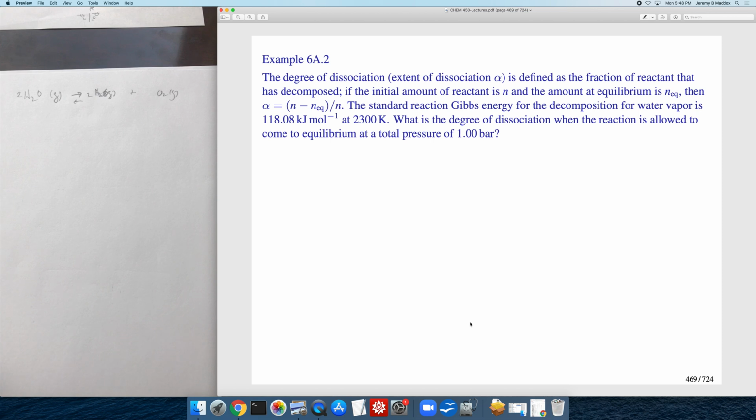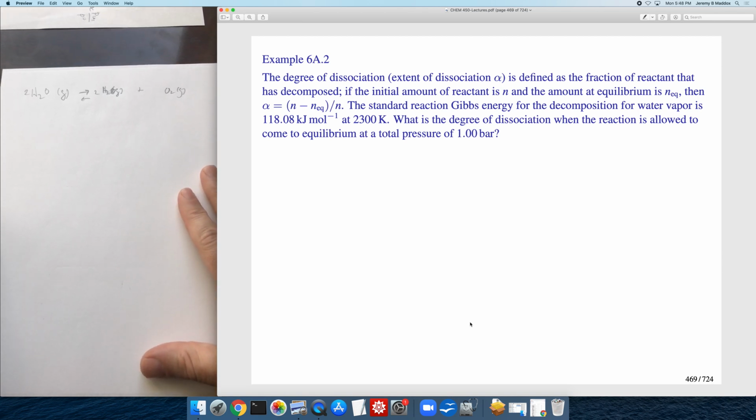They give us the standard Gibbs energy of reaction. And so they want to know what is the degree of dissociation when the reaction is allowed to come to equilibrium at a total pressure of 1 bar. So the point of telling us the standard Gibbs energy of reaction, again, is so that we can calculate the equilibrium constant.